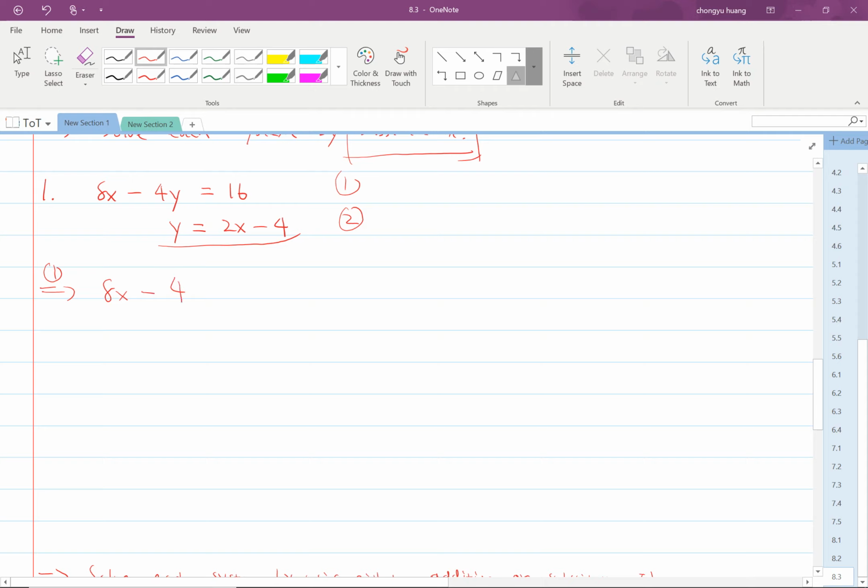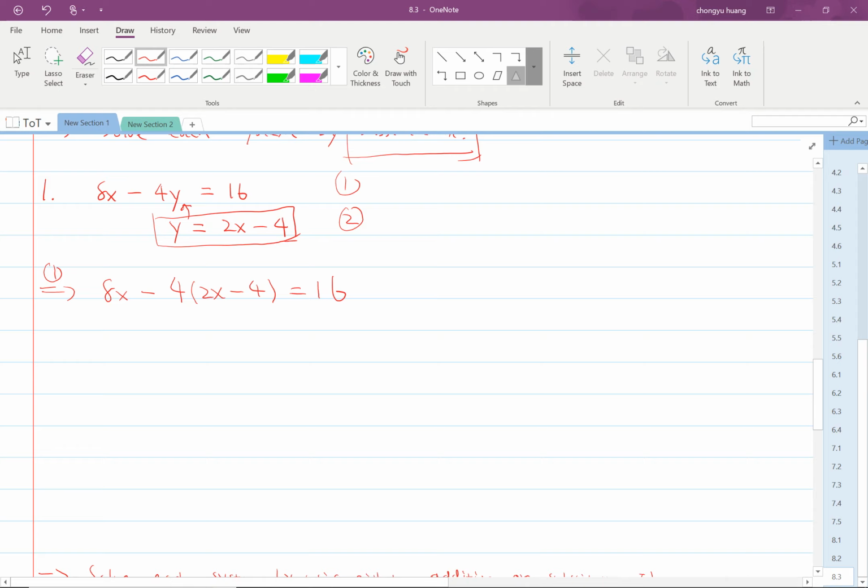So all you have to do is plug in y. Over here all we have is y equals 2x minus 4. So you just replace y with 2x minus 4 in equation 1.